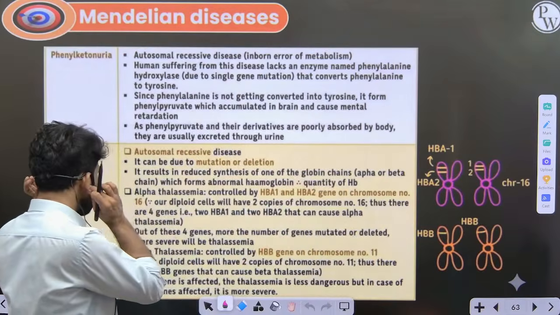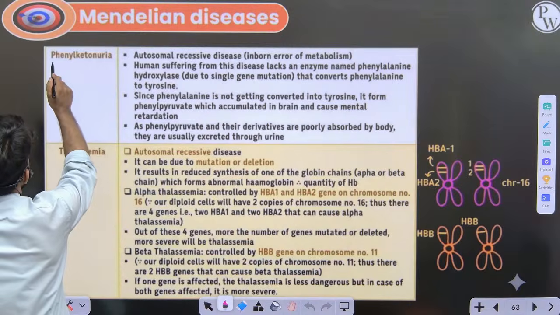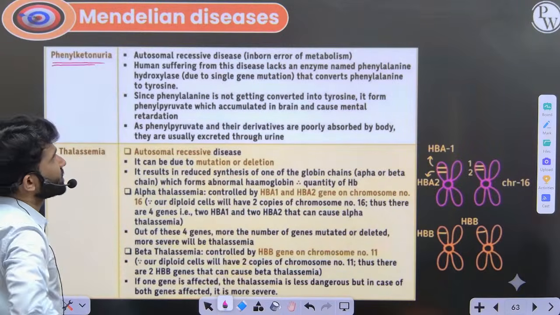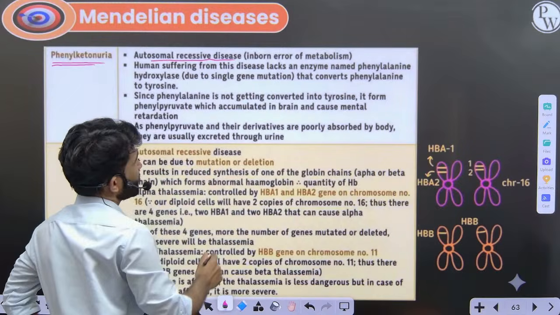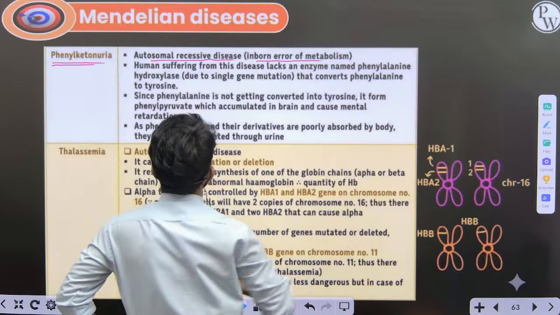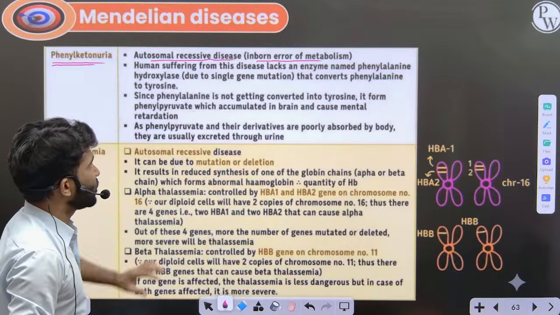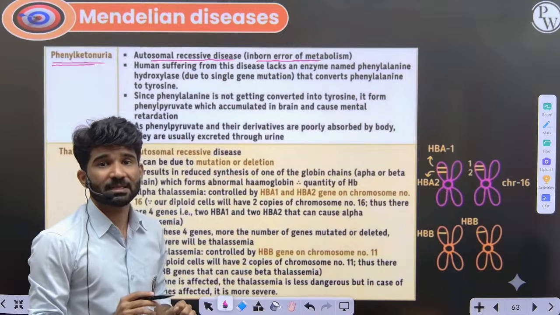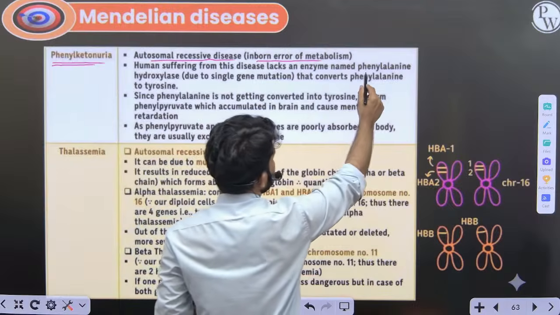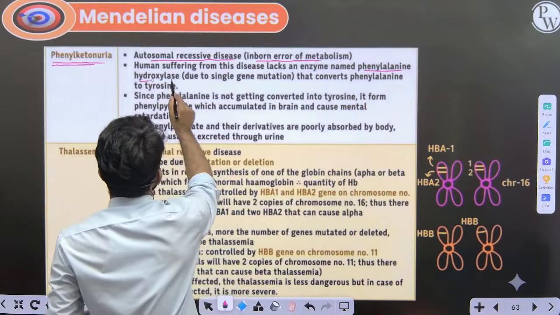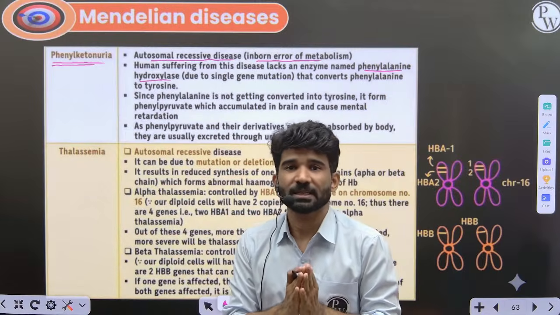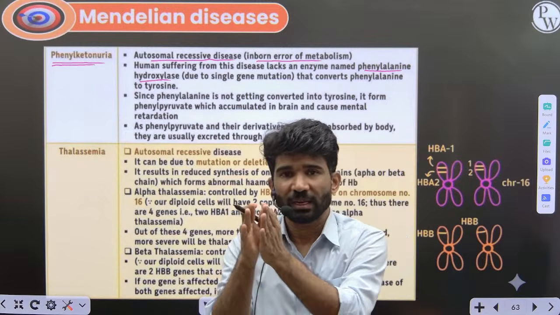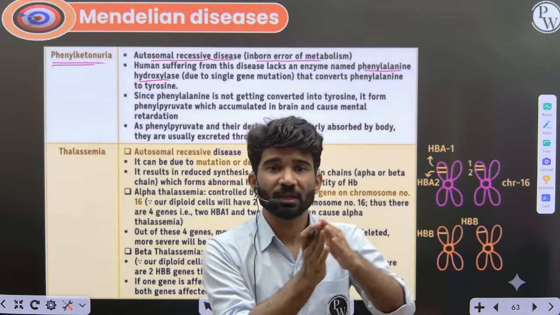There are other types of disorders. The first one is phenylketonuria. As we already discussed earlier, it is an autosomal recessive disorder, an inborn error of metabolism. Humans suffering from this disease lack an enzyme called phenylalanine hydroxylase, which is necessary to convert the amino acid phenylalanine into tyrosine.